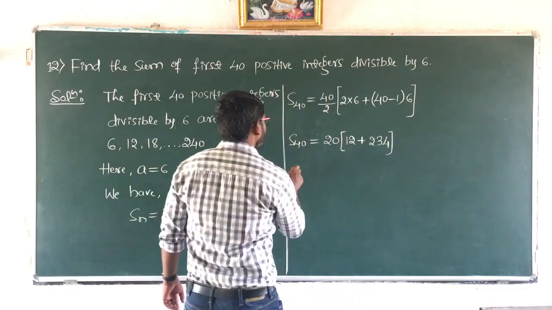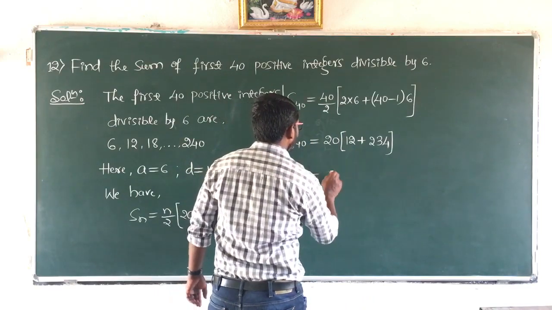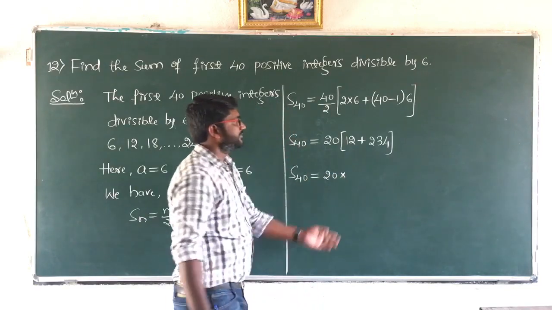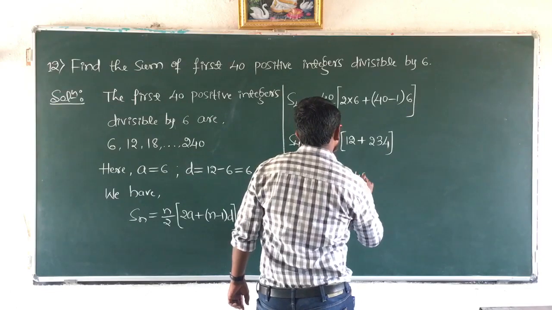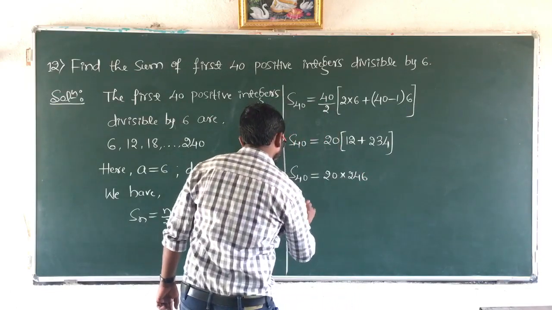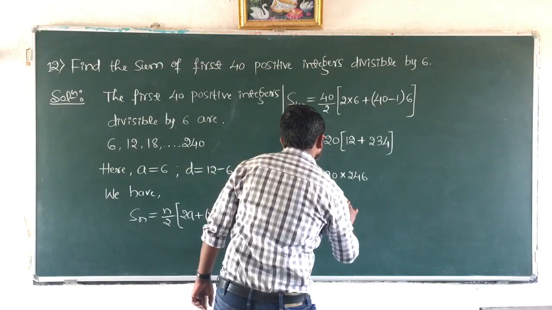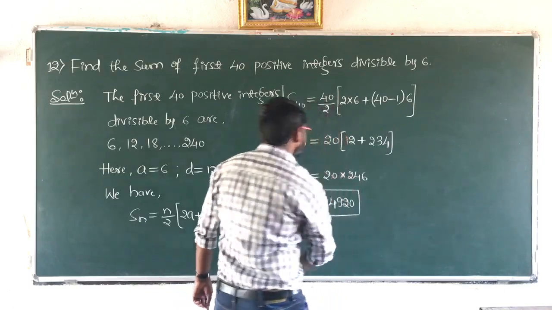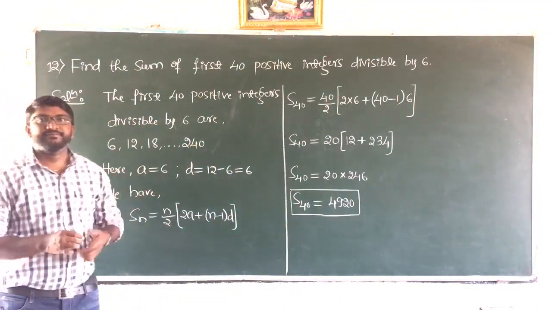So now S40 is equal to 20 into how much we get here? We get 246. Which is equal to, the sum is going to be 4920. So this is the required sum of first 40 positive integers divisible by 6.